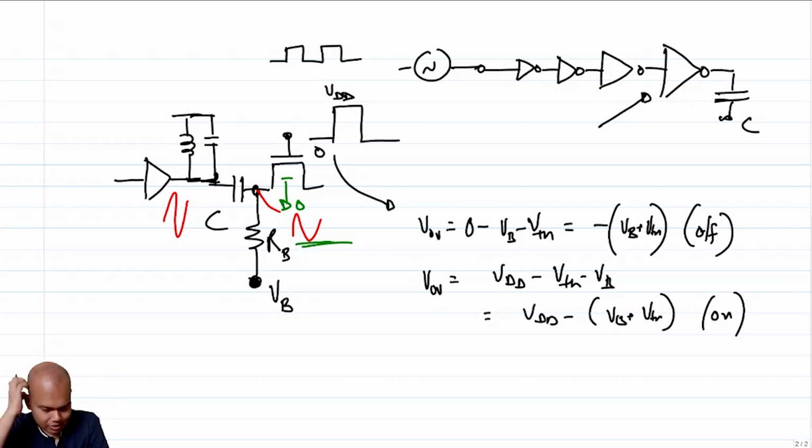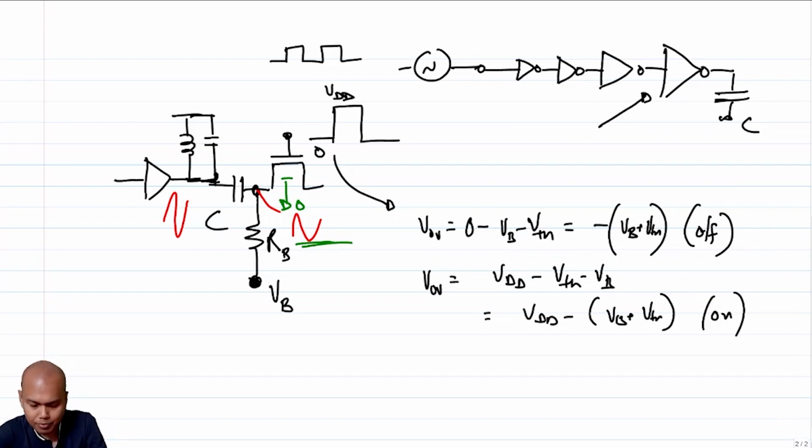So clearly it seems like, for the off case at least, this is an overkill, because when it's off I would like it to be at 0 voltage, right? At V overdrive it's supposed to be 0. But if I switch the gates from 0 to VDD, then when I get by with 0 V overdrive, I'm using negative VB plus VTH, right?